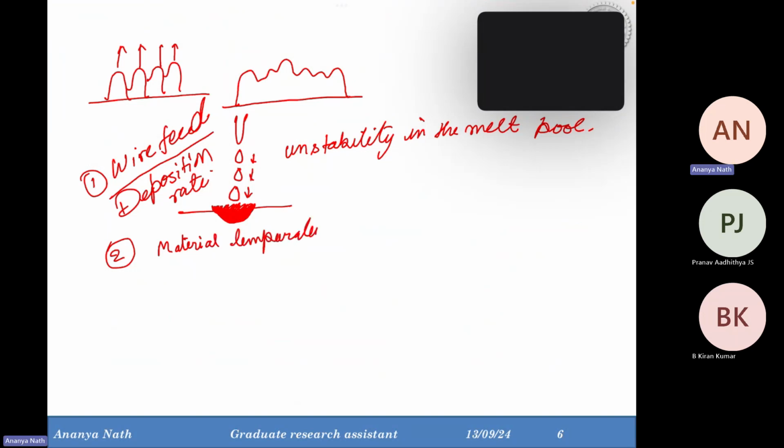So you said material temperature. I am not very much going with your point, because what do you mean by material temperature? Can you explain what you mean by material temperature?